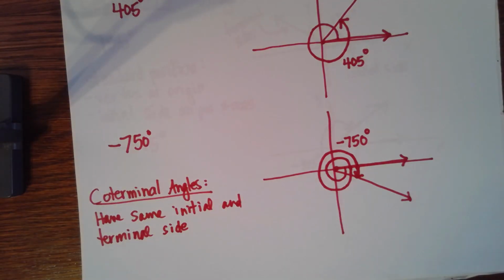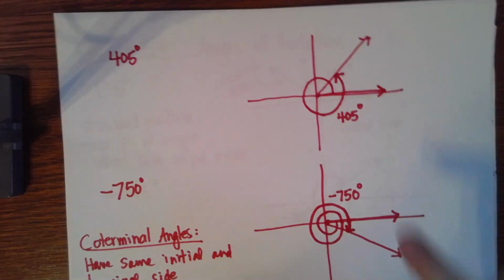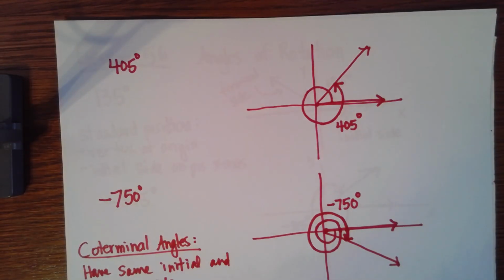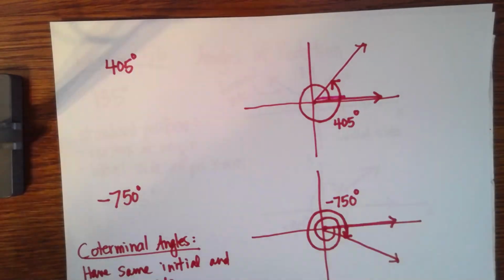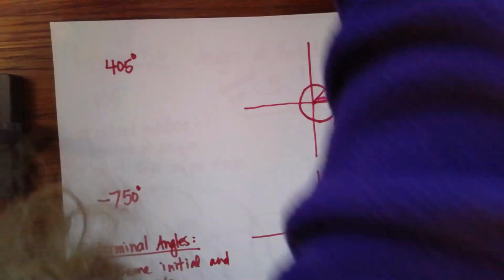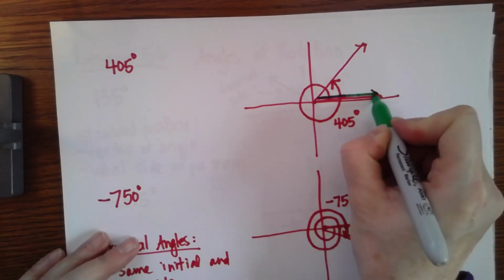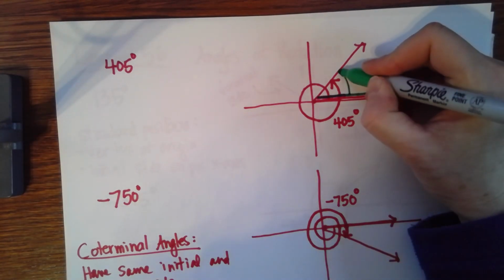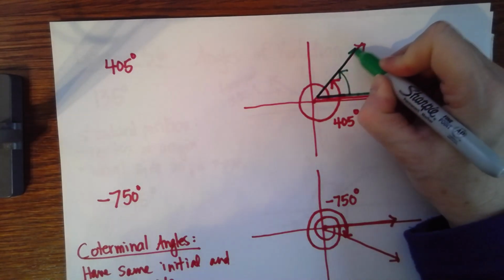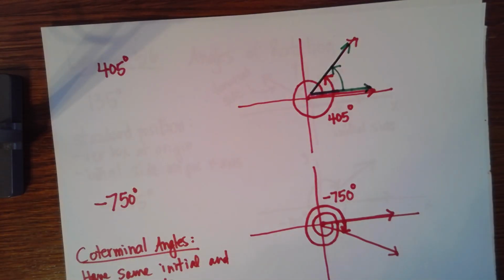Okay. So, for example, let's think about this angle right here. I could find another angle that has this same initial side. Let me see if I can get it. I have this same initial side right here, and then maybe I could just go like this and put my terminal side there. They'll line up, same initial side, same terminal side.